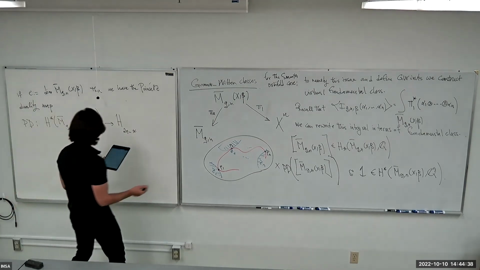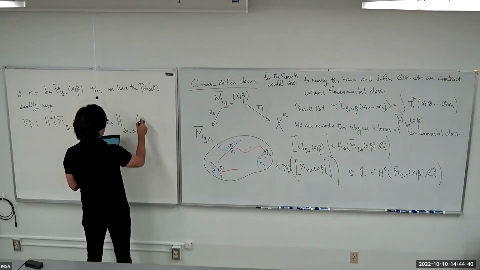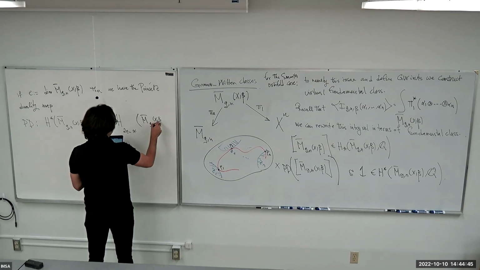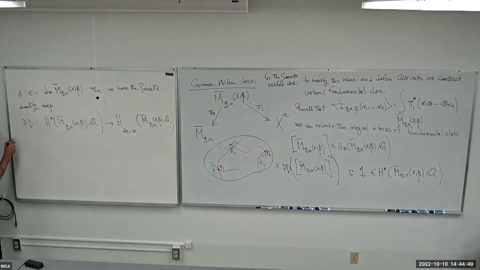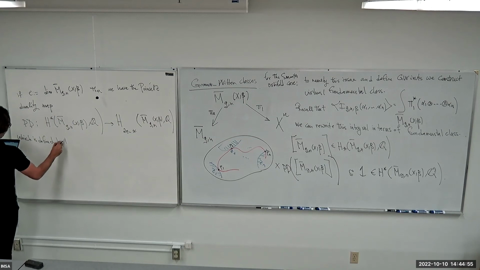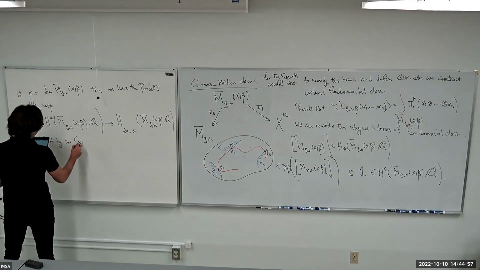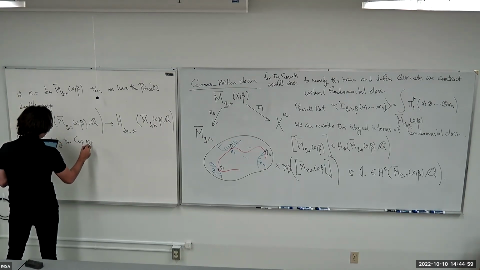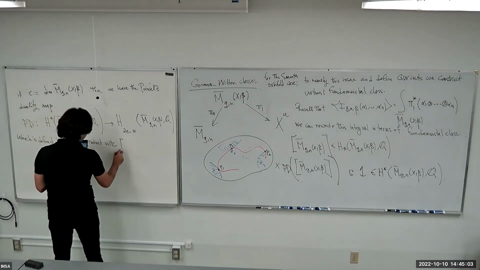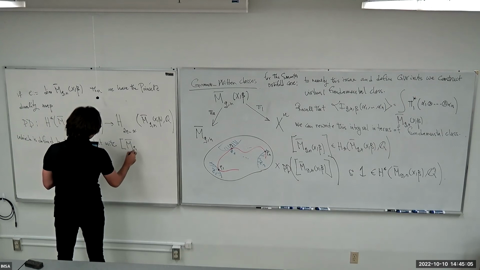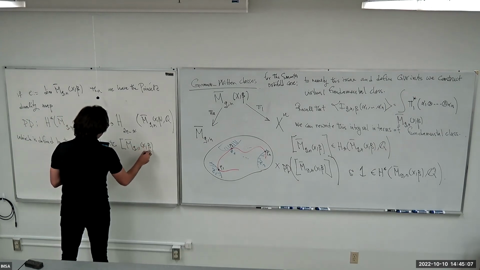Minus that, minus star of M bar g,n X, beta with Q, which is defined by the cup product with the fundamental class of M bar g,n X, beta.